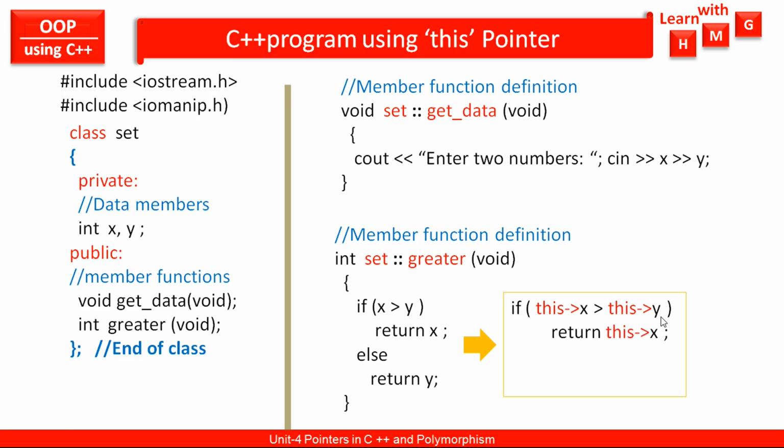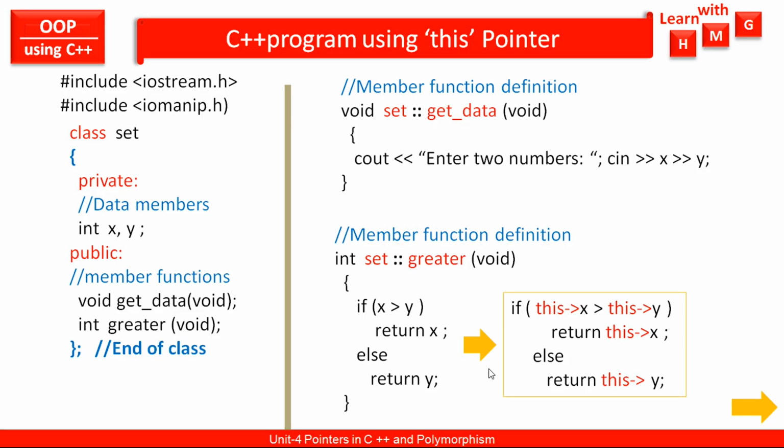If the condition is true, return this arrow x. If the condition is false, return this arrow y. Like this, the if else statement is written using this pointer in order to find which number is greater out of x and y.